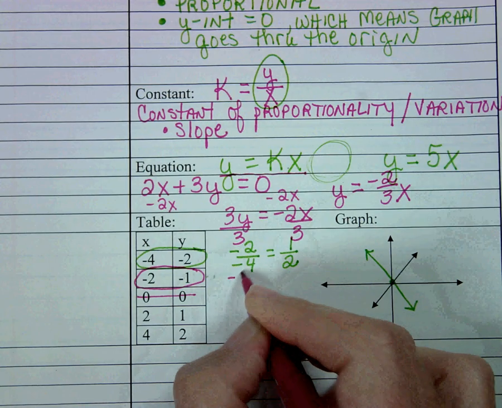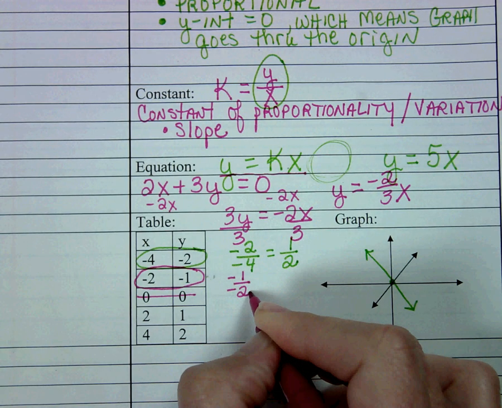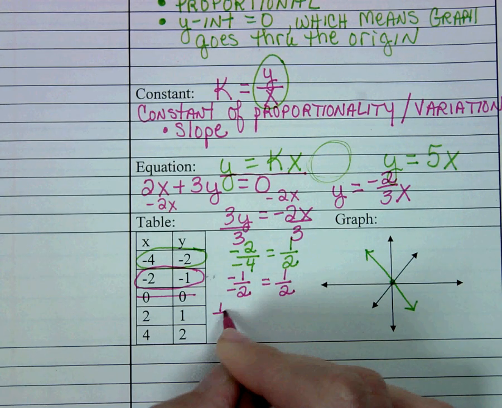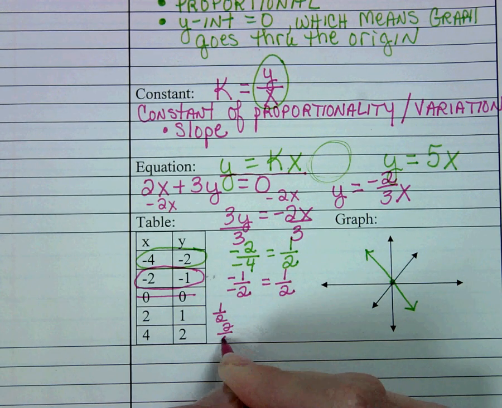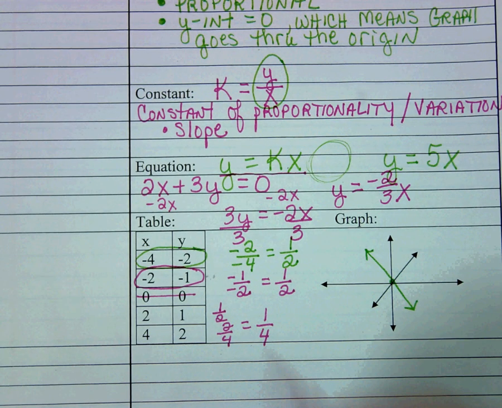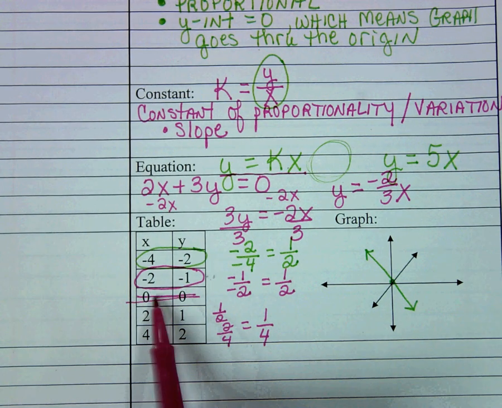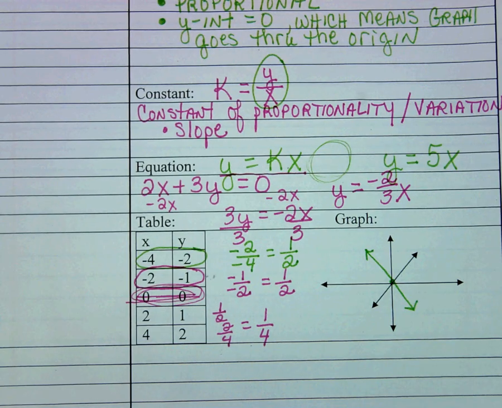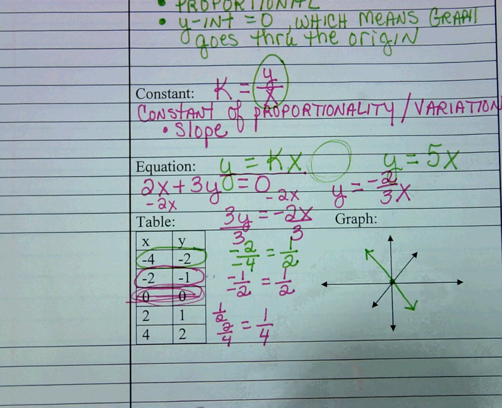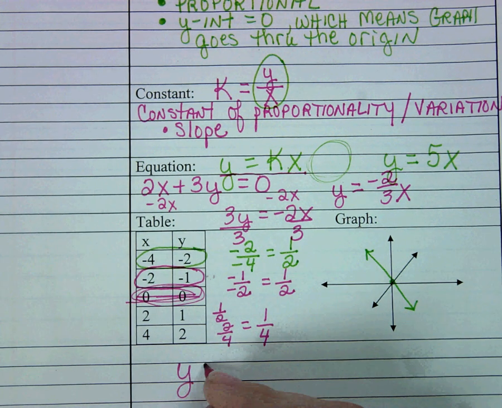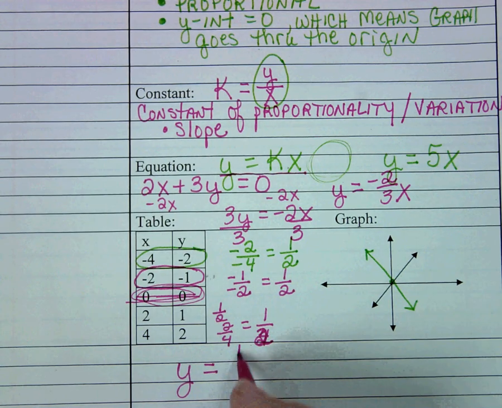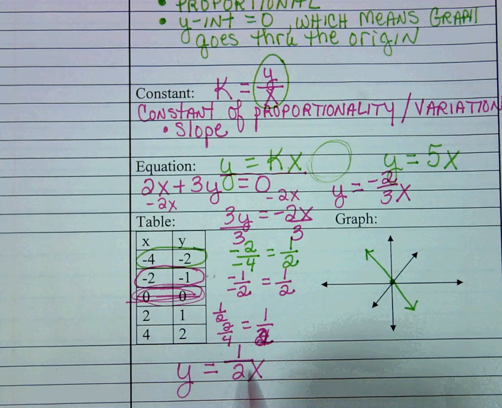So this would be negative 1 over negative 2, which is still a half. And we would see that for every single one of these. Even if I didn't see the y-intercept on my table, if it has this special ratio, it is going to be direct variation. So if I wrote the equation, it would be y equals 1/2 x. That's it.